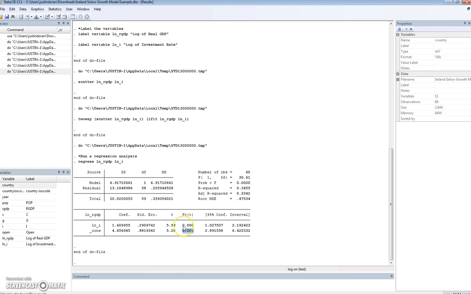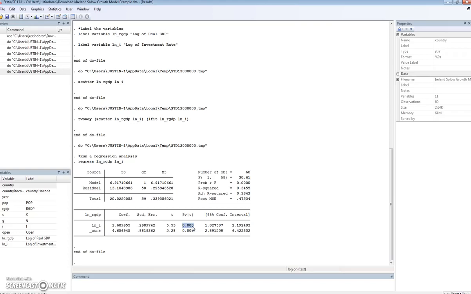What we can see in this case is we're rejecting the null hypothesis in both cases, as they are 0. This means that investment has a significant effect on real GDP. So we are confident at the 99% level that investment does not equal 0 and that it has a significant effect on real GDP.